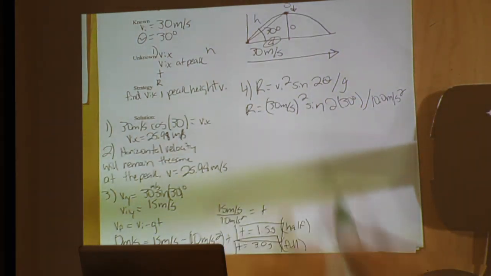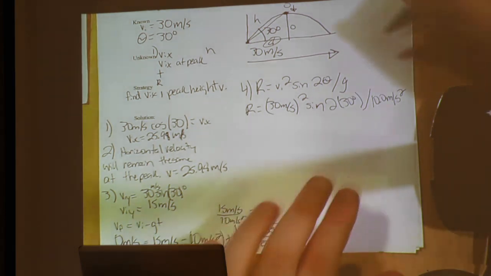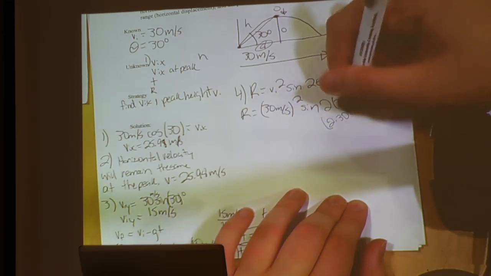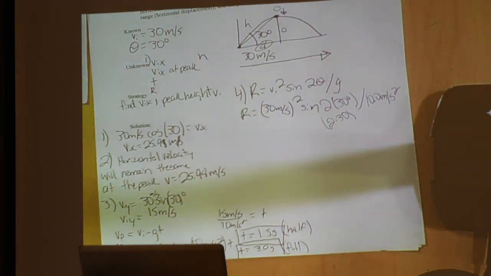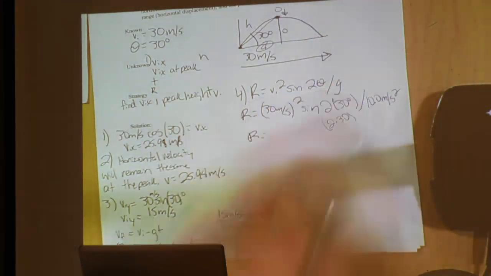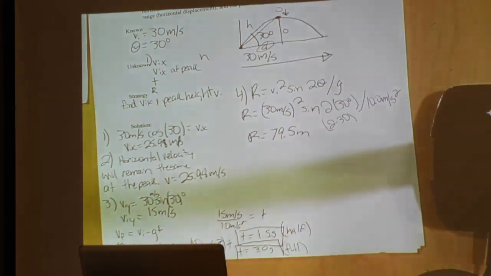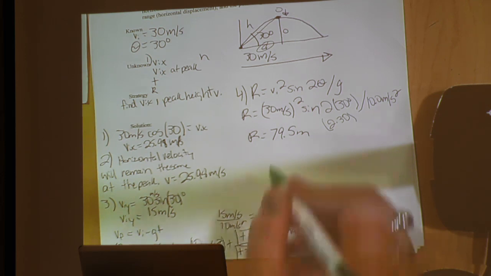Just FYI, when you plug this in, you're actually doing 2 times 30 and then sine of that, okay? So you should get R equals 79.5 meters. Did everybody get that?